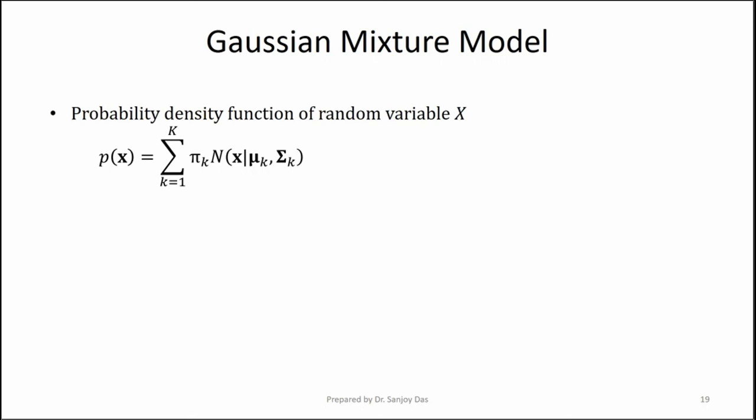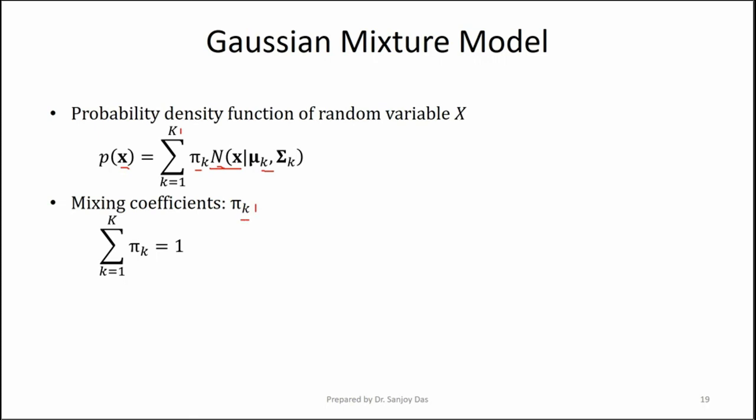The PDF of the random variable x, which is a vector now, is equal to the sum of uppercase K different Gaussians, where the mixing coefficients are pi k, and each N of x given mu k, sigma k is a Gaussian distribution.